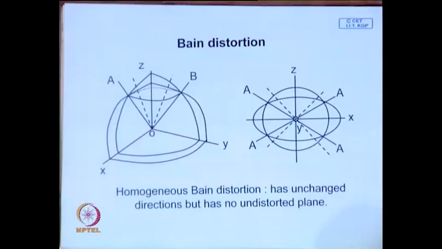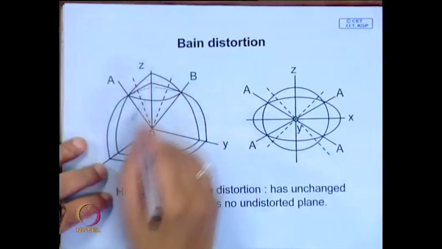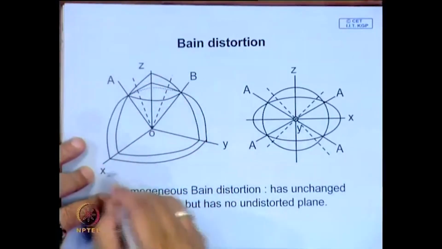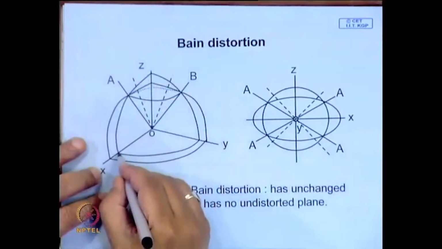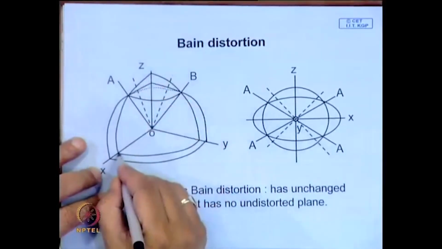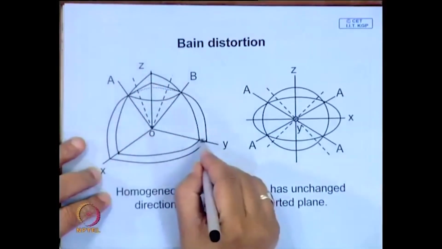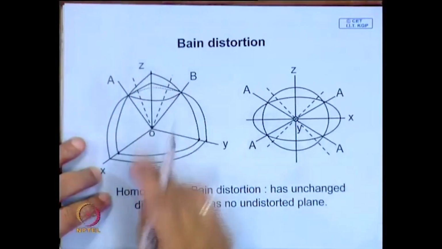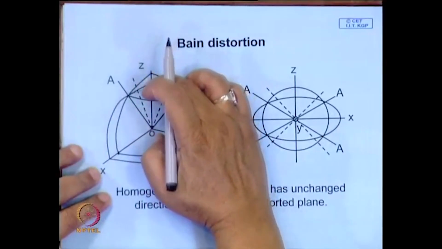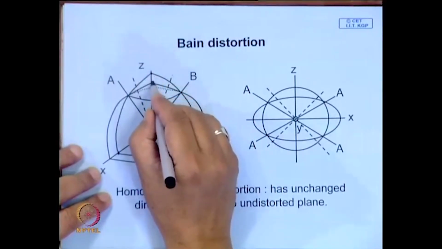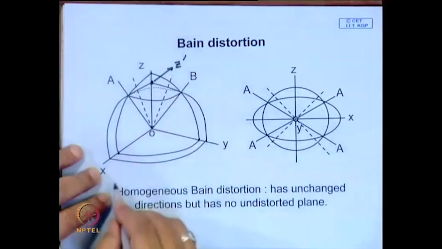And to understand this, try and construct in 3D an isometric view. This is the x y z axis and you have considered a sphere. So, this is 1/8 part of a sphere, and now suppose you are compressing the sphere along the z direction. So, from here it comes to this point, this is let us say z star.